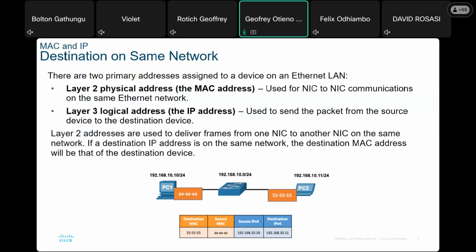Is it the same address that we had when it was leaving point 1, or is it a different IP address on the device it has reached? That's what Wireshark does when you run it to examine; basically, we're just examining these addresses as data is moved from one point to another. That's the main point of this.